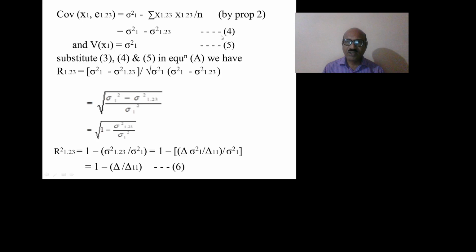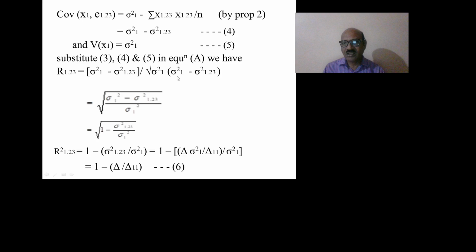Now we will use expression number 3 as the variance of E1.23, expression 4 as covariance between x1 and E1.23, and expression 5 for the variance of x1 in expression A, where we have written the formula for R1.23. So the numerator term will be from expression number 4, the denominator under root sigma 1 square as the variance of x1 from expression 5, and the second term is from expression number 3, that is the variance of E1.23.